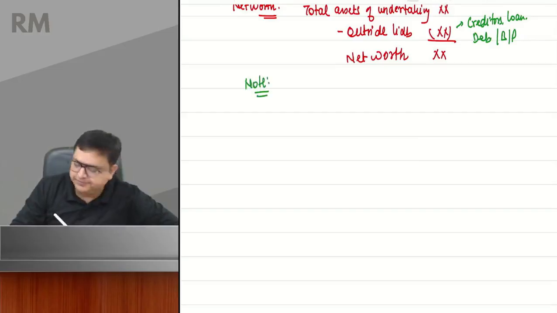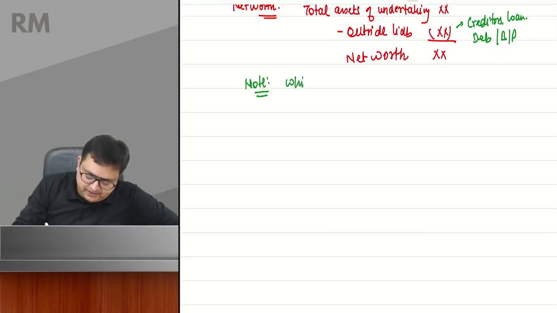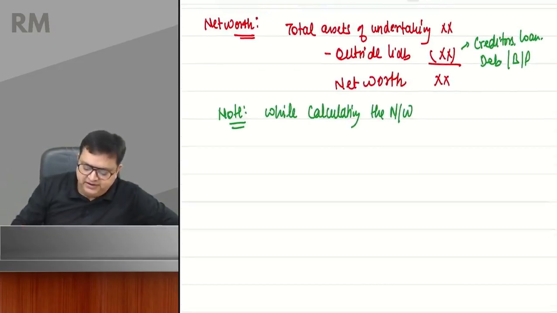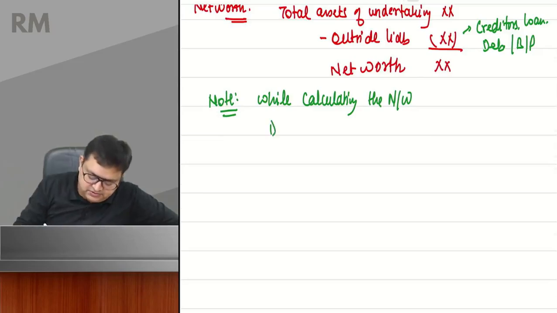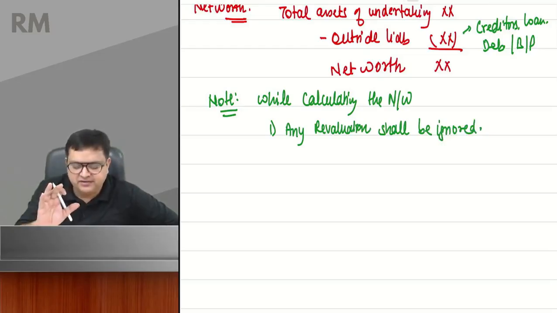So note. Please write. Note. While calculating the net worth, any revaluation shall be ignored. So if you have done any revaluation, we will ignore it and we will nullify it.